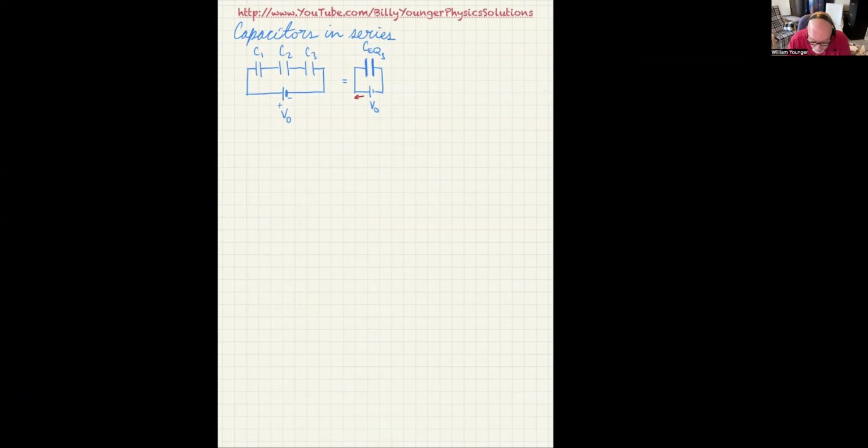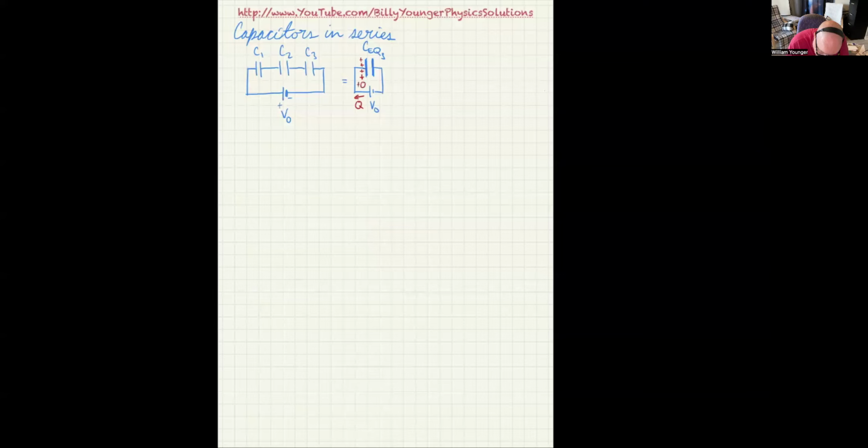So we imagine that this positive terminal of the battery is going to compel all the positive charges to run away from the positive side of the battery. And in fact, we're going to get an amount of charge Q that flows around. As this Q runs into the capacitor side, it builds up a positive charge on the left-hand side. There's nowhere for the charge to go, so the total charge on the capacitor is going to be Q.